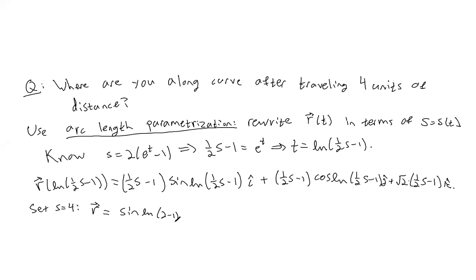That's 0, in other words, i, plus cosine of ln of 1, which is 1, plus root 2 times 1. Oh, again, I forgot the j and the k. Which just comes out to cosine of 0 is 1, so it's just j plus root 2 k. Or in other words, you're at the point 0, 1, root 2.